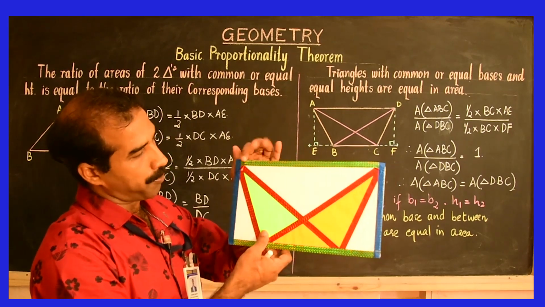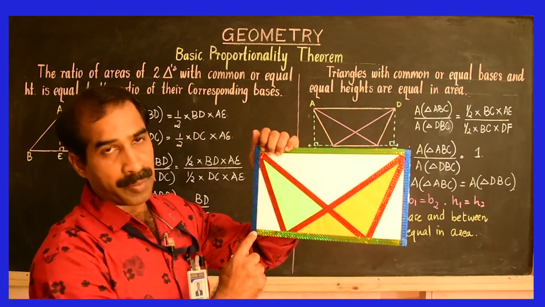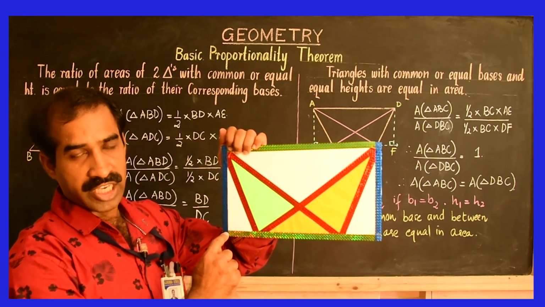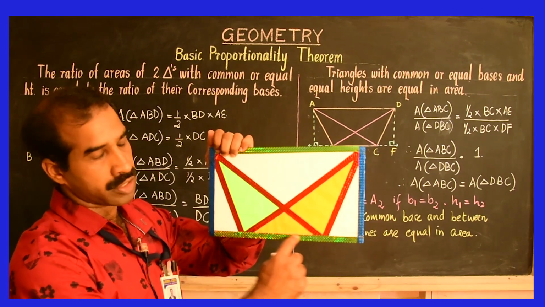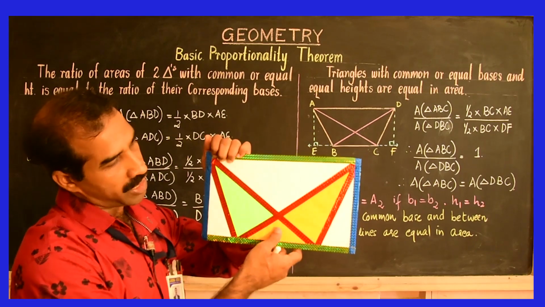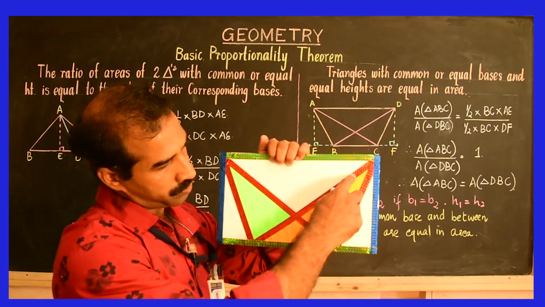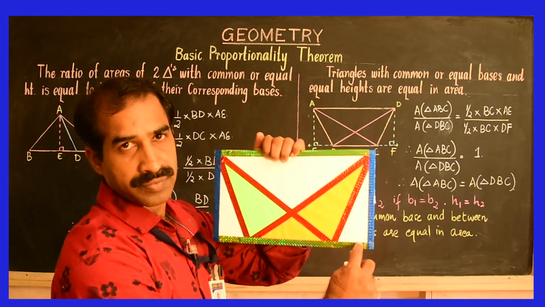Now draw the perpendicular height for triangle ABC: AE is the perpendicular height, that is, AE is perpendicular to base BC. Similarly for triangle DBC, you have DF perpendicular to base BC.